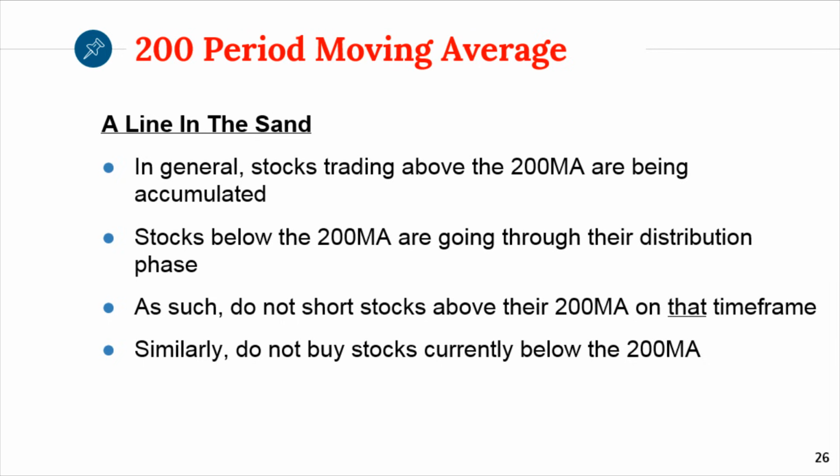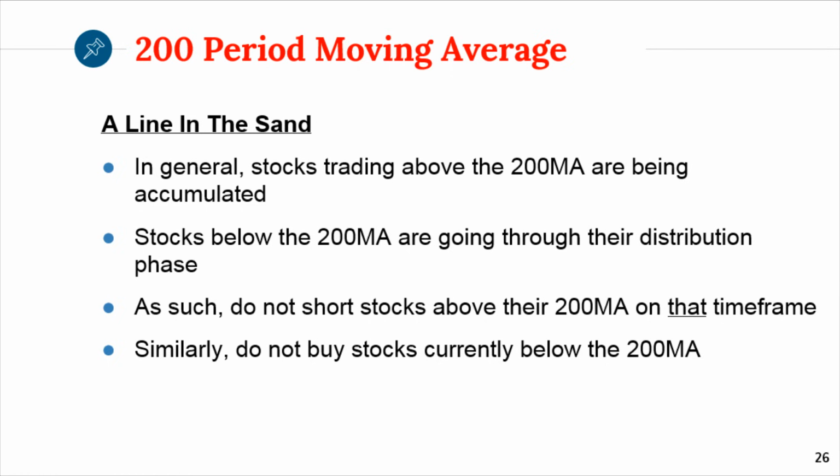As such, in general, do not look to short stocks above their moving averages on that time frame. So if you're looking at a 5-minute sell setup or a breakdown and the stock is above the 200 MA on the 5-minute chart, you probably don't want to do it. That doesn't mean that if it's a swing trade based on the daily chart, and the stock is above the 200 MA on the 5-minute, you can't do it.